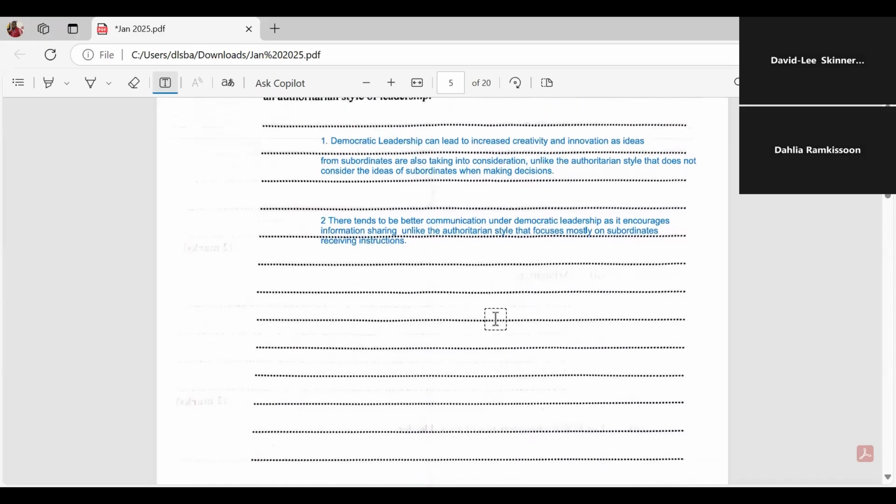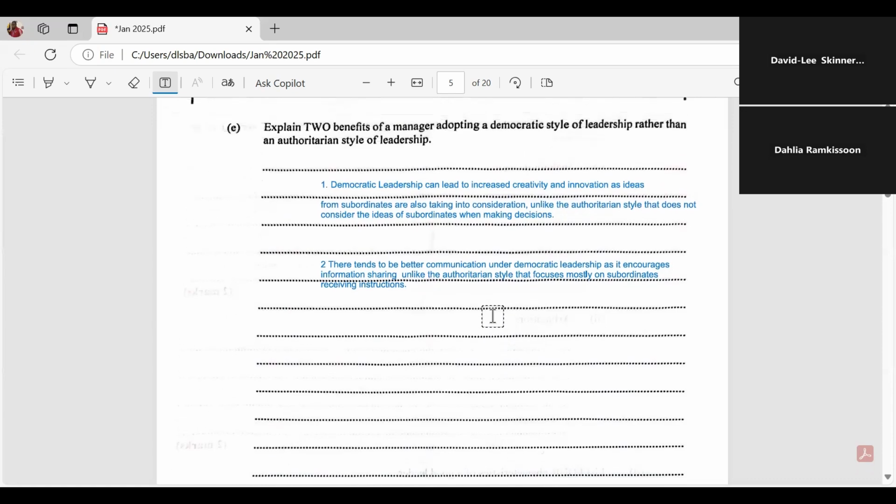Right? There tends to be better communication under democratic leadership as it encourages information sharing, unlike the authoritarian style that focuses mostly on subordinates receiving instructions. So, state what the advantage was, and I explained it.